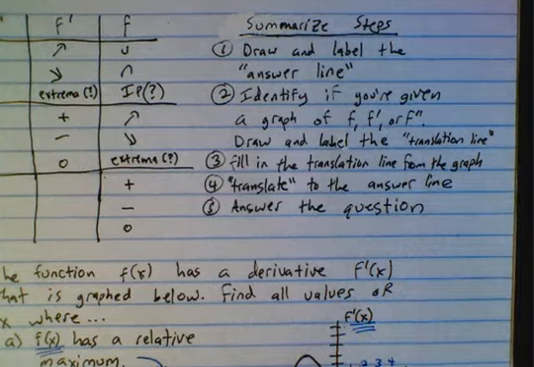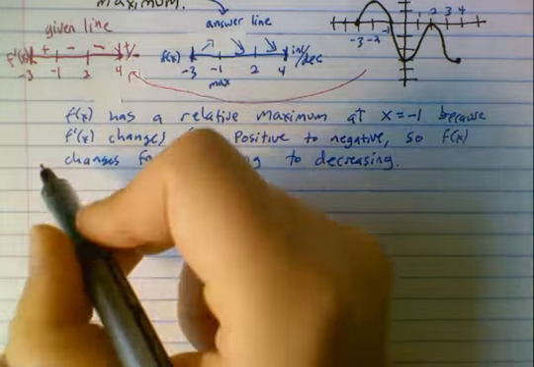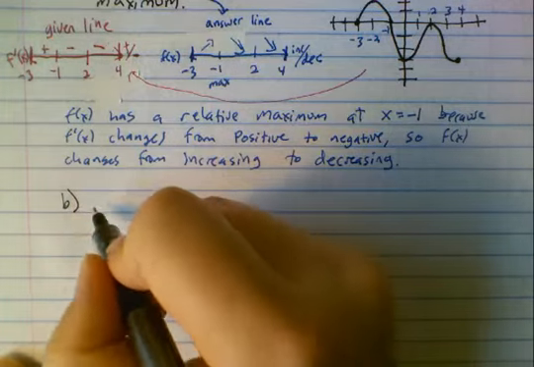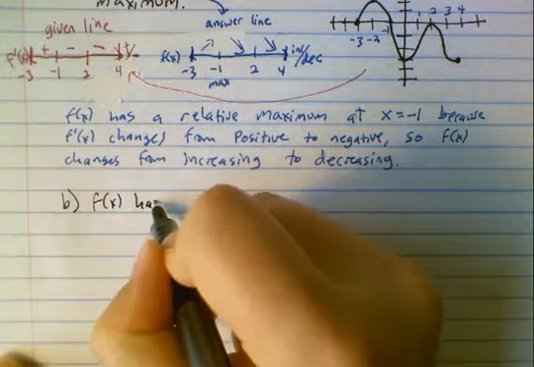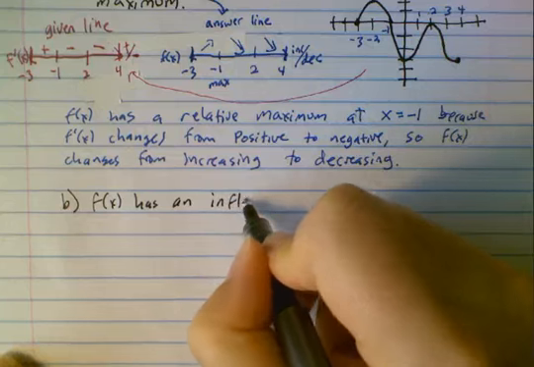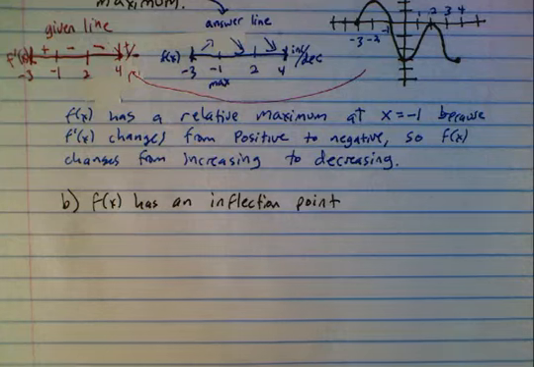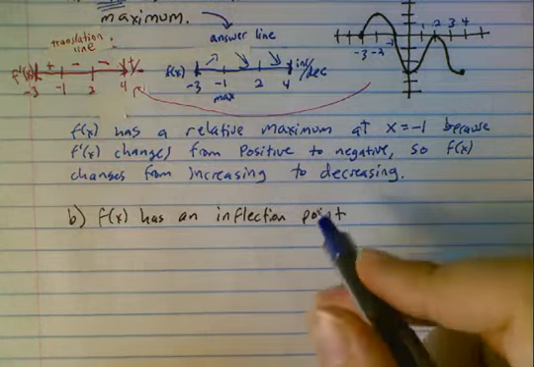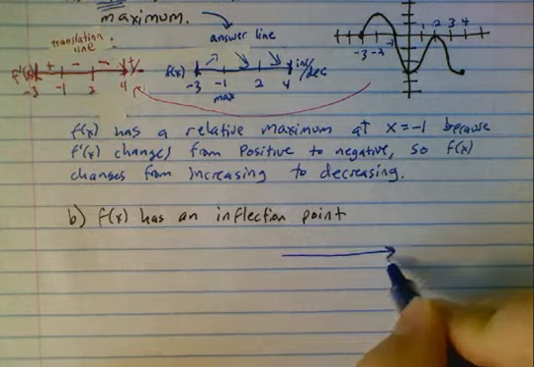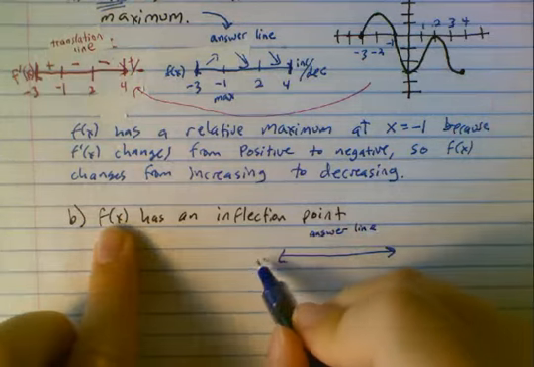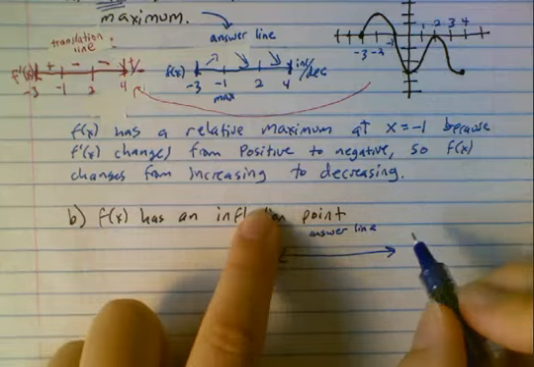Okay, let's look at another example problem. Find all values of x where f of x has an inflection point, using the same graph. So we start off by drawing our answer line. We're interested in f of x having an inflection point.